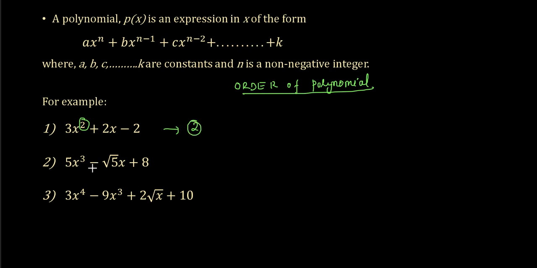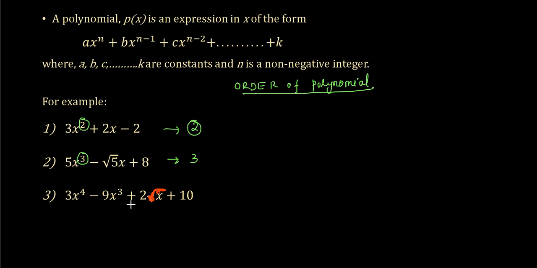Similarly, in the second example, highest power term is 5x cube, so here the order is 3. Here order is 4, but this is not a polynomial, right? So first we have to write a polynomial whose degree is 4. Suppose I withdraw this root sign and it is just 2x.